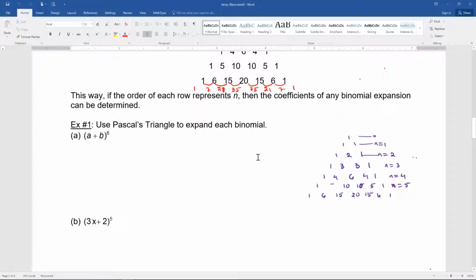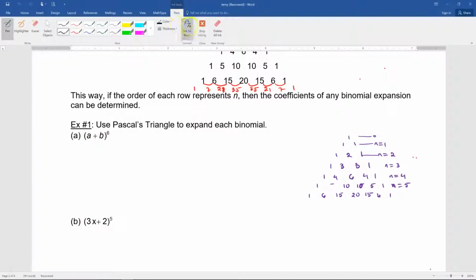All right, so we're going to have 7 terms. Here's what we do. You write down the coefficients and leave a little space. Is this still recording? It says it is. 7th row? Right, because we start with n equals 0. So now we write down our coefficients and leave a little space.